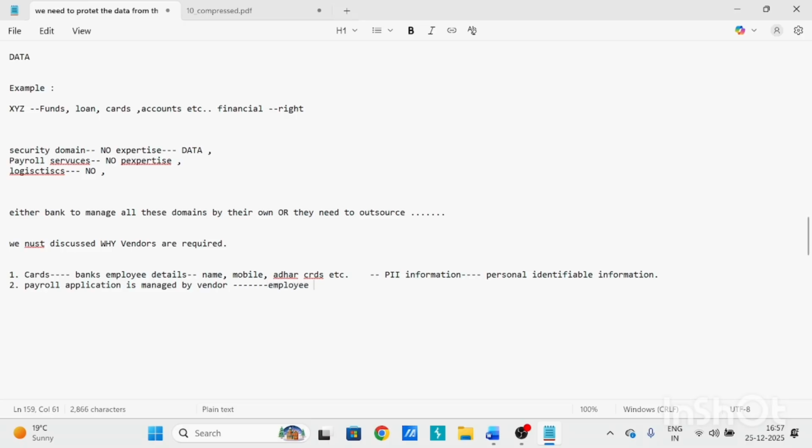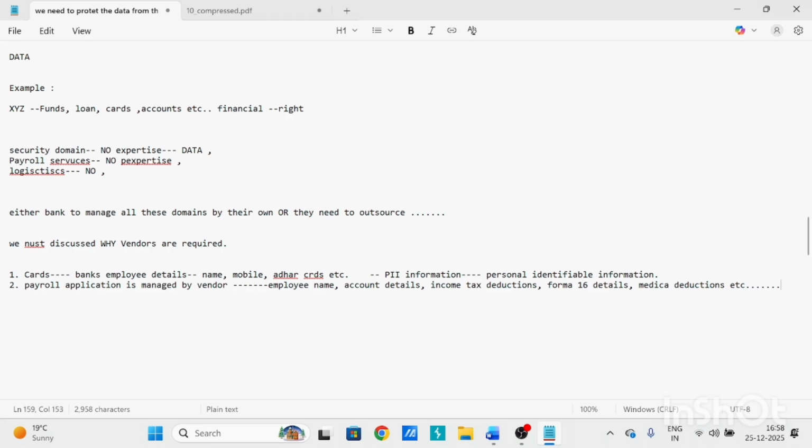Employee name, account details, what else? Income tax deductions, Form 16 details, medical deductions.